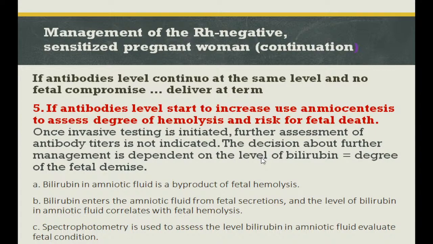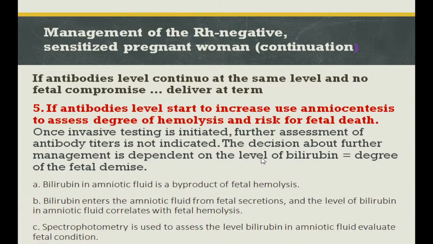If antibody levels start to increase, use amniocentesis to assess the degree of hemolysis and the risk for fetal death. Once invasive testing is initiated, further assessment of antibody titers is not indicated. The decision about further management depends on the level of bilirubin, because the level of bilirubin will show us the degree of fetal compromise.